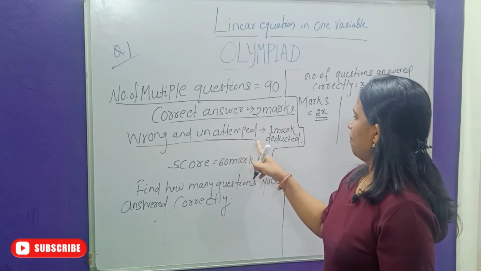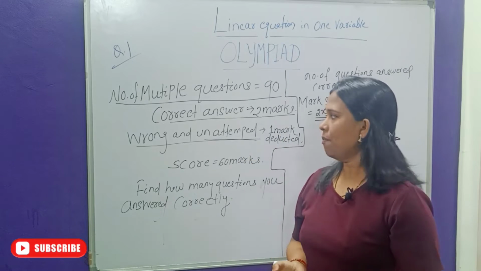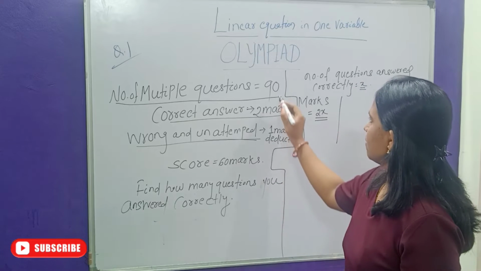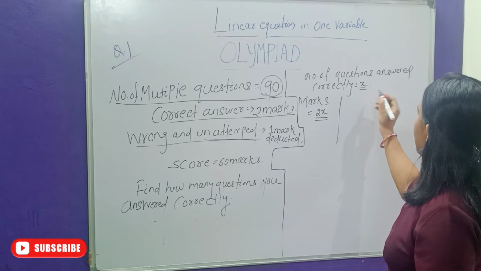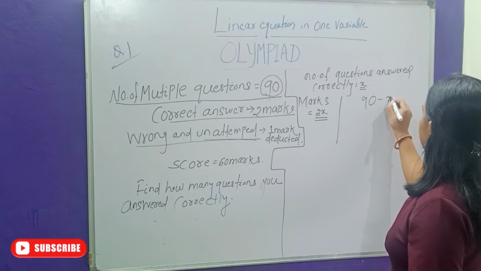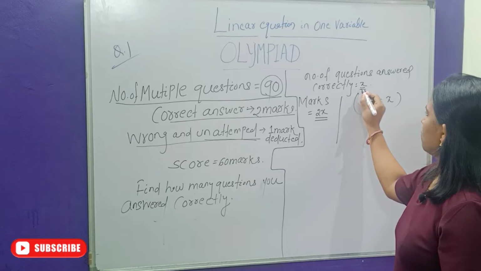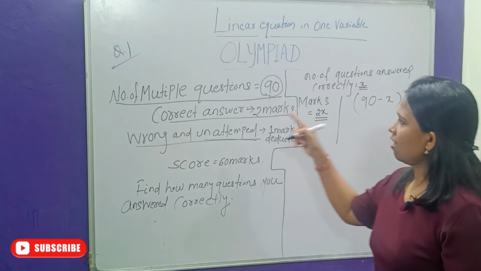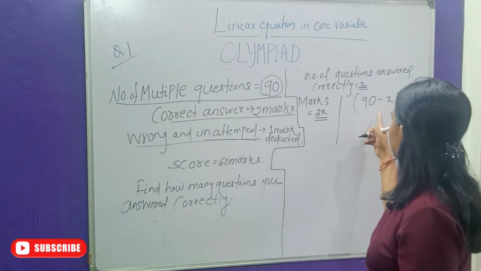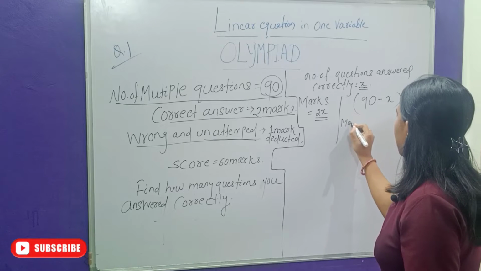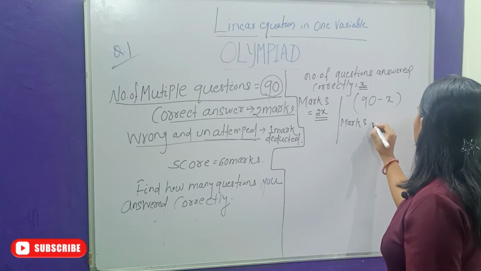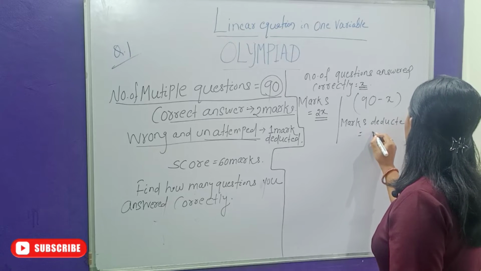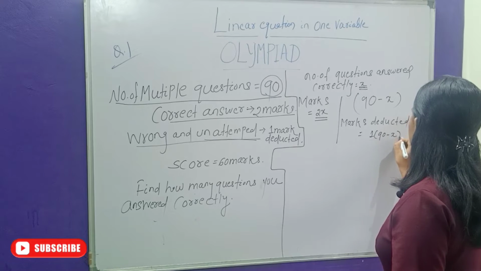For wrong and unattempted questions, 1 mark will be deducted from the main score. As the total number of questions is 90, the wrong and unattempted questions must be 90 minus x. So the marks deducted from the main score are 1 into 90 minus x.